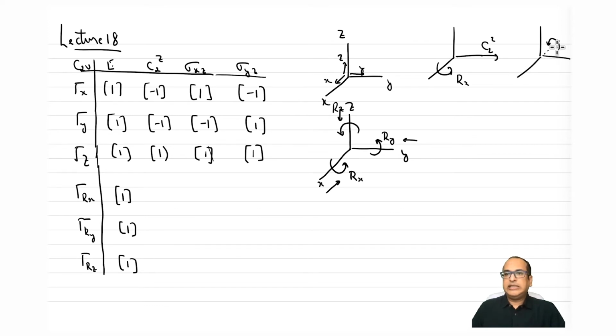The vector changes its direction. So if I'm looking from this side, I did not draw it correctly. Let me just draw it again. So if I now draw it correctly, it would appear clockwise, right? This is the direction it will take if I do a C2Z rotation.